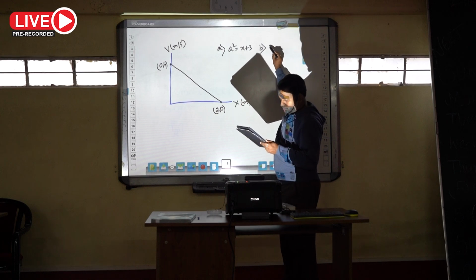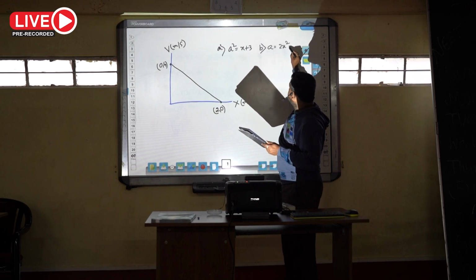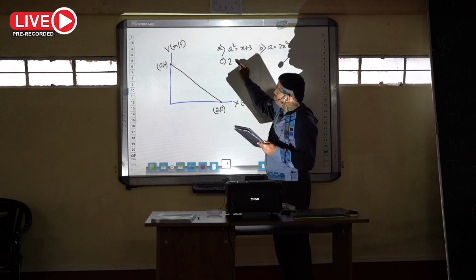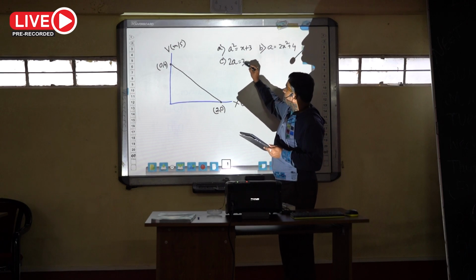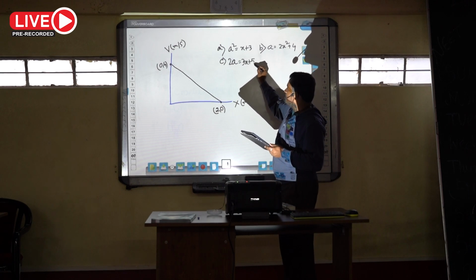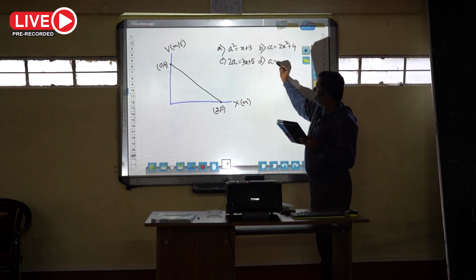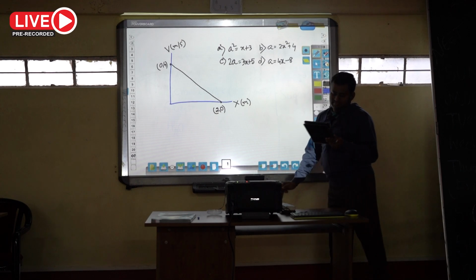Option B, a equal to 2x square plus 4. Option C, 2a equal to 3x plus 5. Option D, a equal to 4x minus 8.